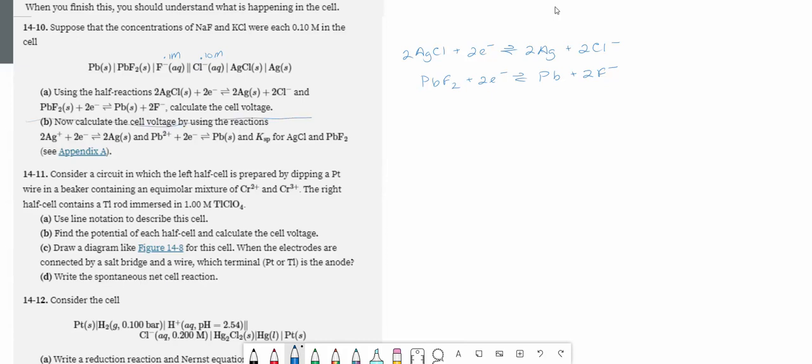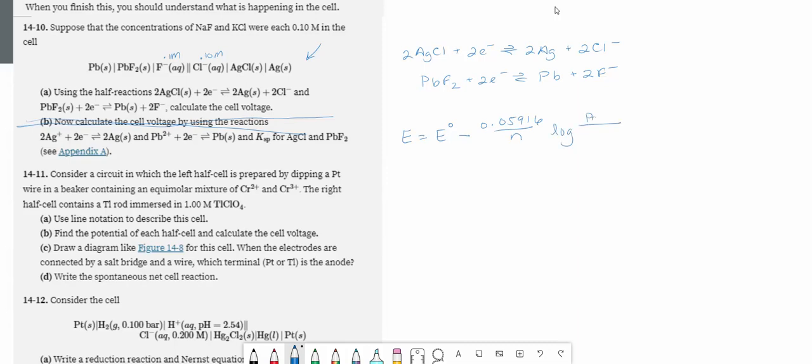I don't think I'm going to ask you about the Ksp in a question like this, because what I would do is I would give you this cell and ask you to calculate the cell voltage. So we need to use that Nernst equation. So the E is going to be equal to the E naught of this cell minus 0.05916 over n times the log of the Q value.